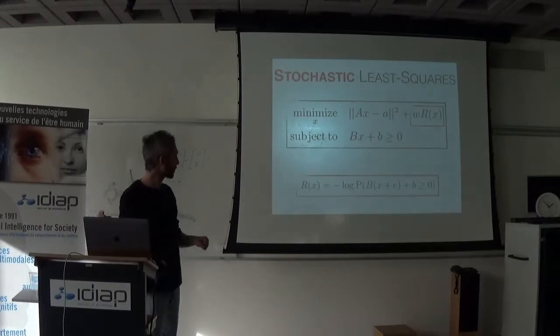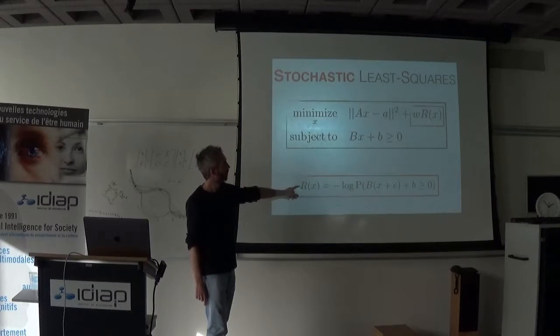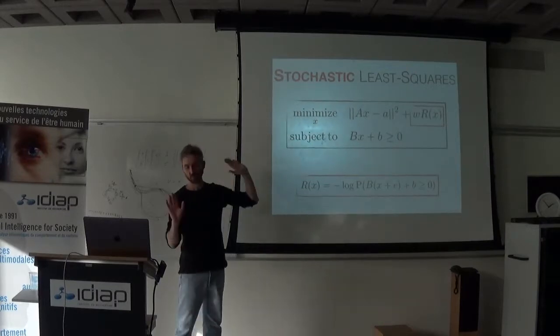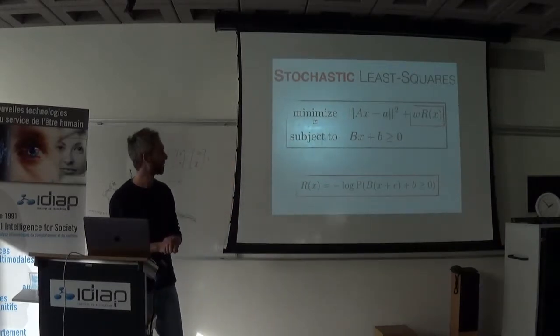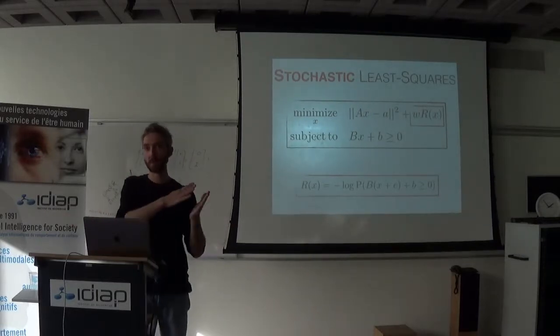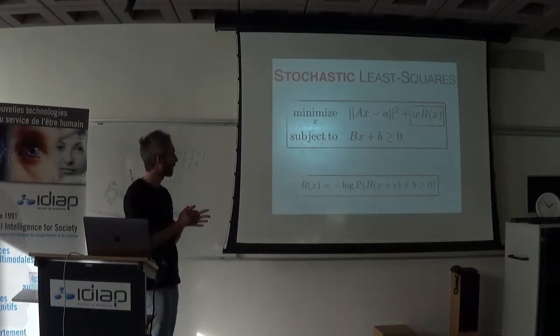So the good news, as I was saying, is that this function here is convex. So the problem is no longer a QP, but it's still a convex optimization problem, which is quite a nice object to work with, because we have well-developed algorithms for solving convex optimization problems, even very fast inside a control loop.